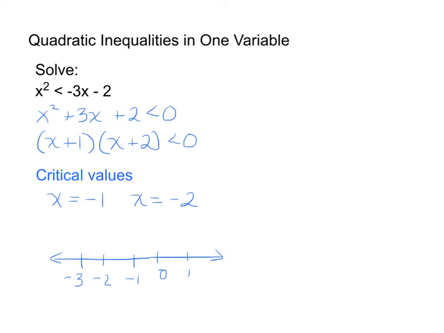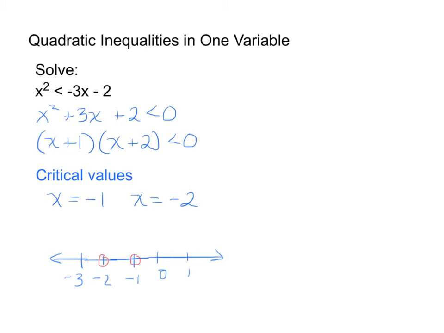So the critical values are at negative 2 and negative 1. Our solution set is either going to be out here, in between here, or out there. Most likely it would be in between or on the two outside parts. So we need to figure out where it goes.